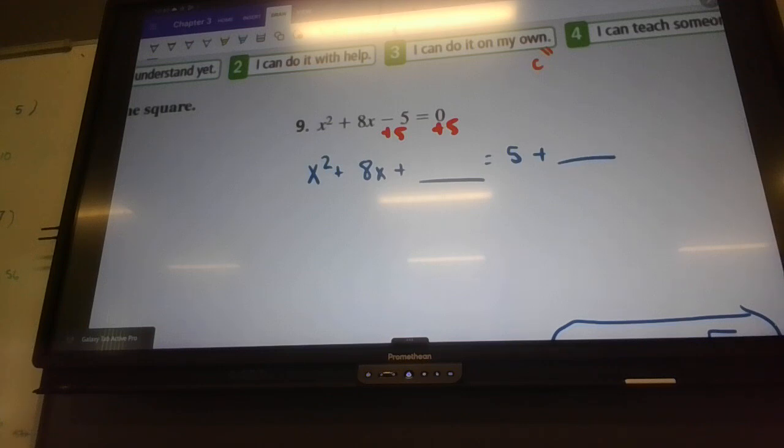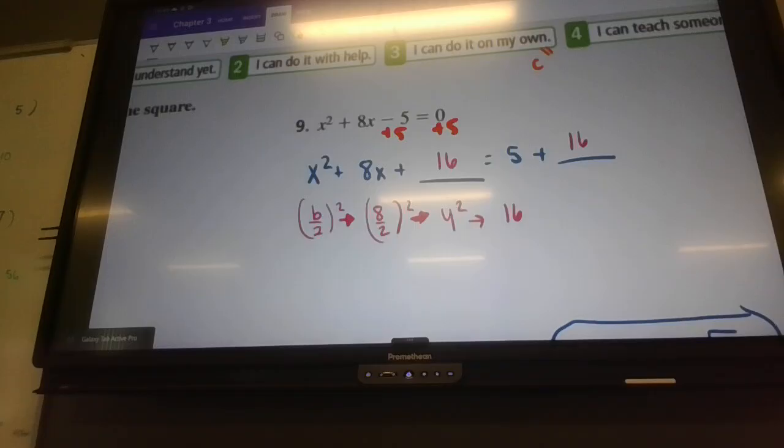Move C. Make a new C by doing b over 2 squared. The best possible number is 16.